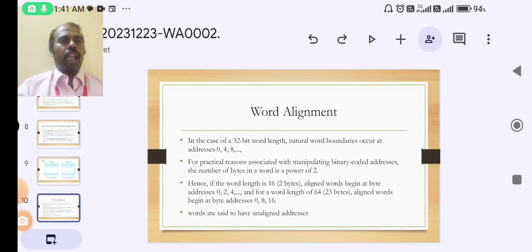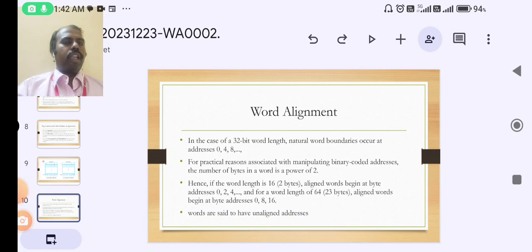Next is word alignment. In the case of a 32-bit word, natural word boundaries occur at addresses 0, 4, 8, and so on. For practical reasons associated with manipulating binary coded addresses, the number of bytes in a word is a power of 2.